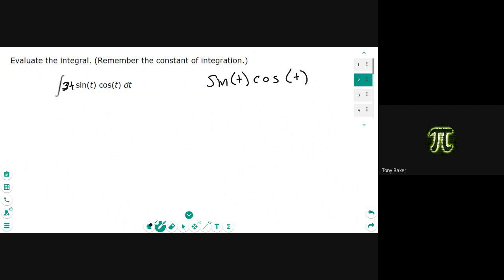It is the double angle identity. Hold on, I'm trying to find the actual identity so I can pull it up and put it on screen for you. There it is.